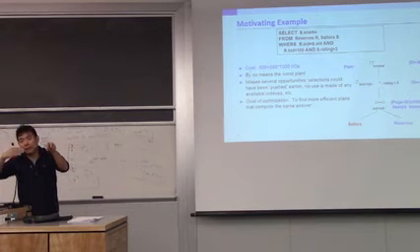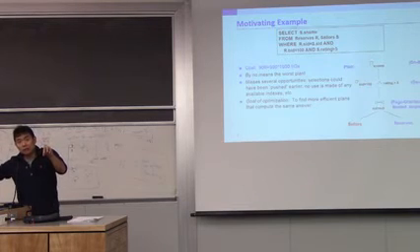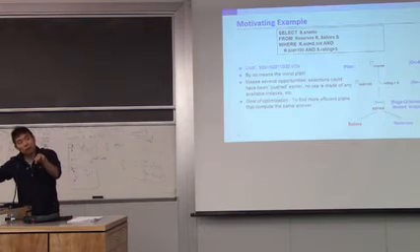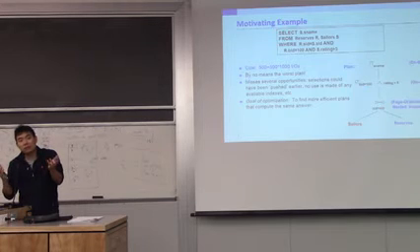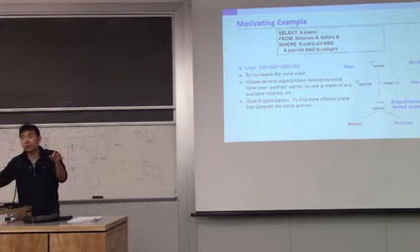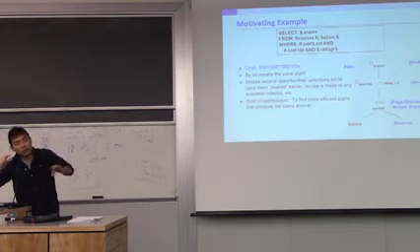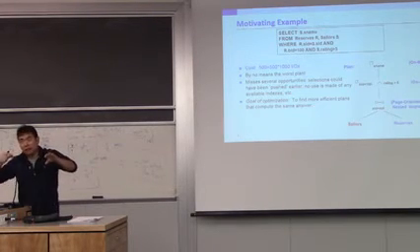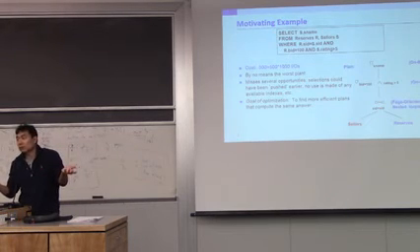Then you bring the next page of S, and the next page of S. When you have finished scanning all the pages in S, you throw away that page from R, you bring the next page of R, and you repeat the whole process. Of course, it's symmetric. You can do this with R, you can also do this with S, meaning pin the first page of S, linearly scan through all the pages in R, pin the second page of S, linearly scan through all the pages in R, and so on and so forth.